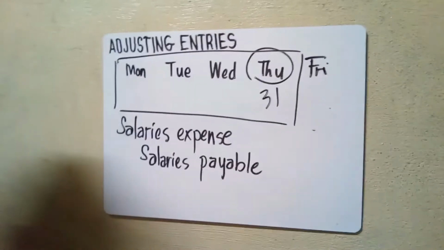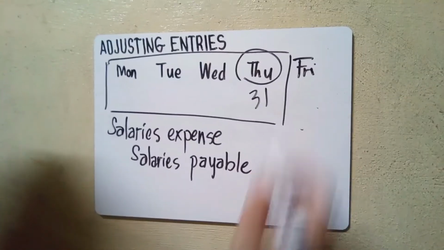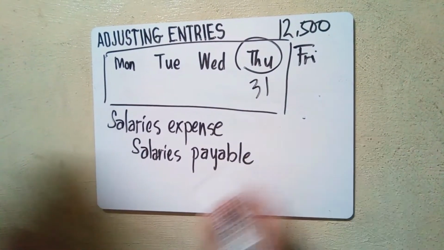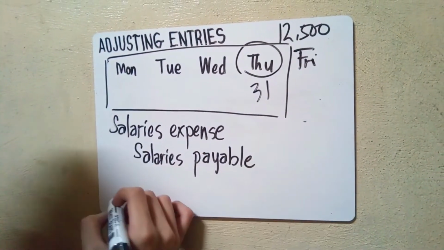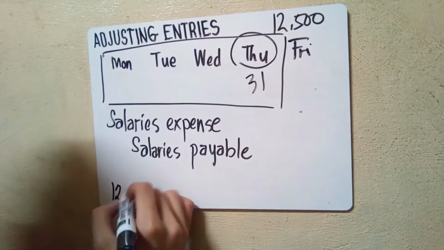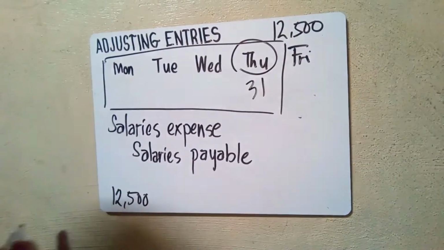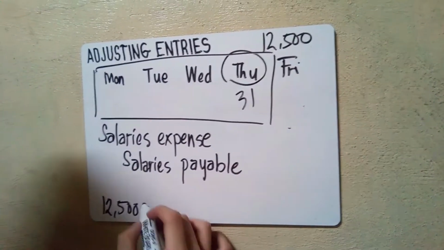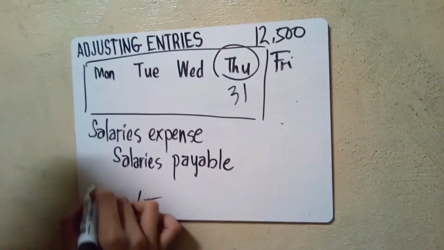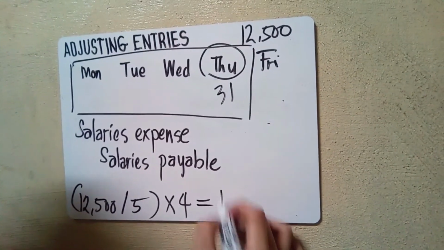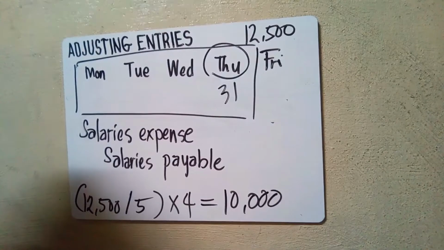But for how much? In our example, 12,500 is paid weekly. So we only have 4 days, so we will allocate 12,500 to 4 days. So 12,500 over 5 days times 4 days. So the answer is 10,000 pesos.